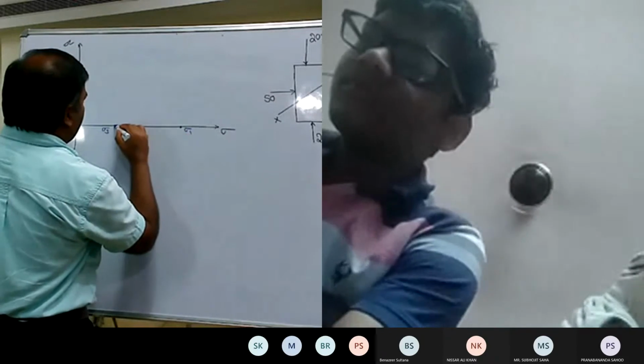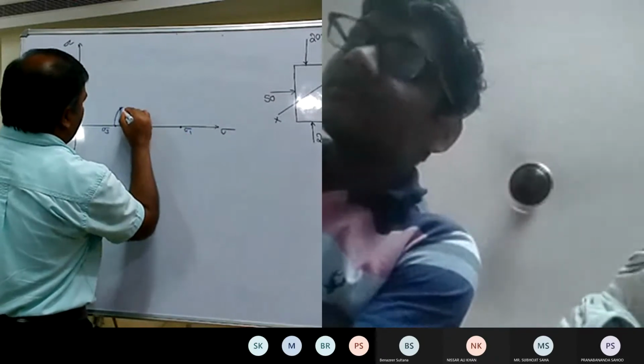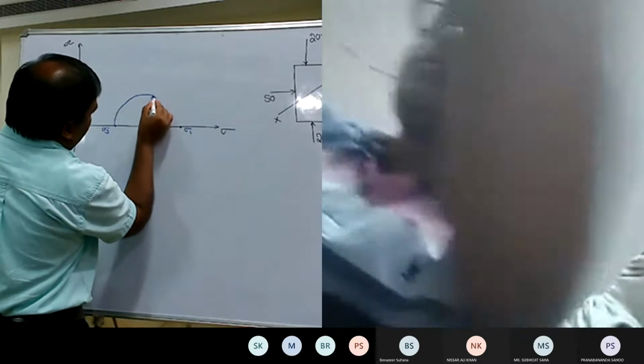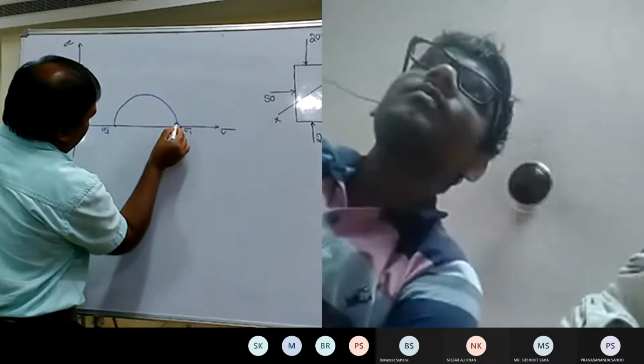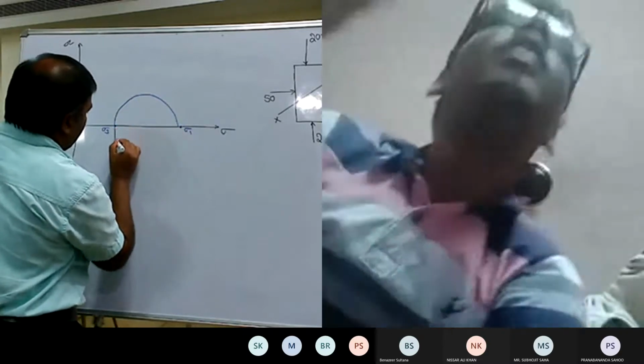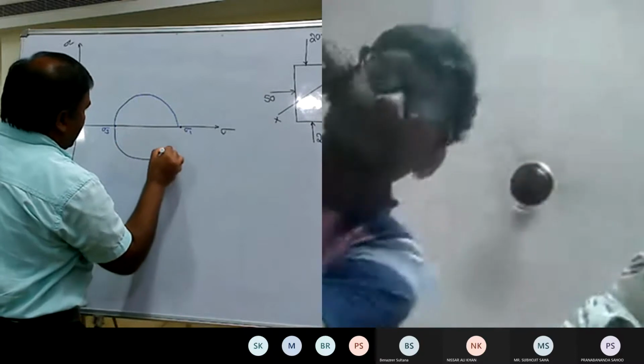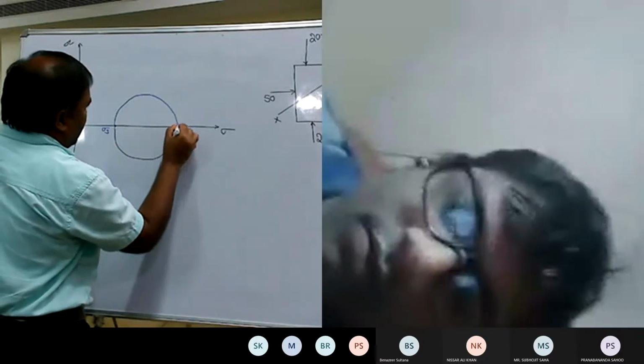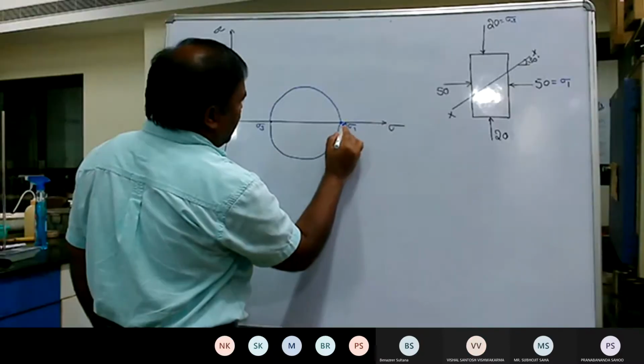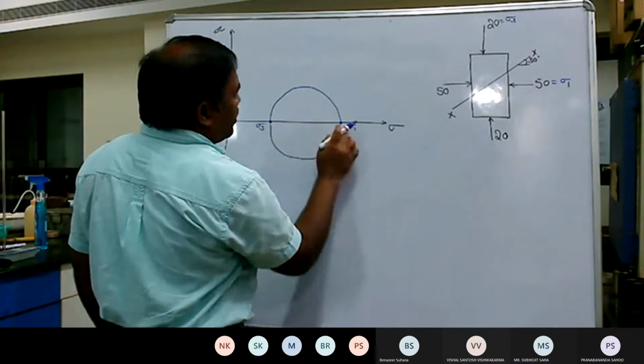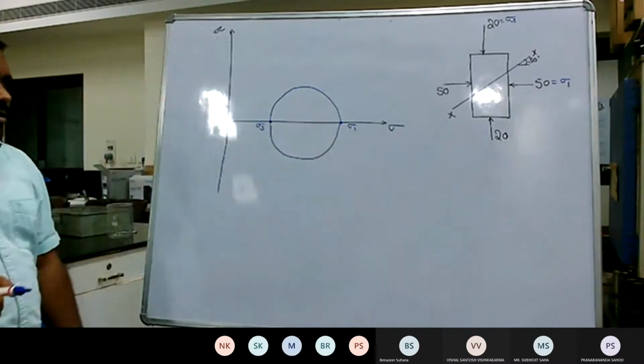So try to draw the Mohr circle with sigma 1 and sigma 3.